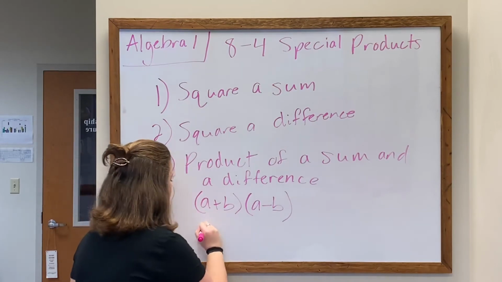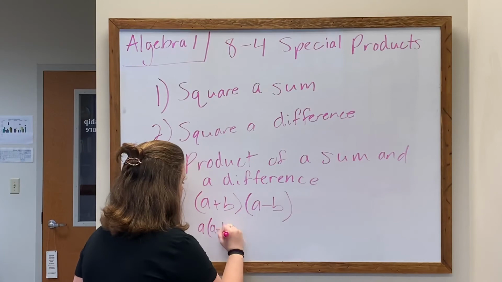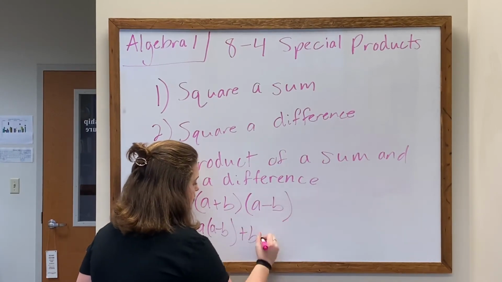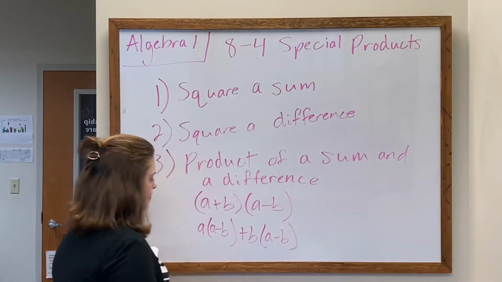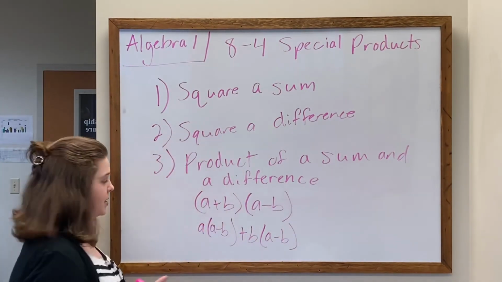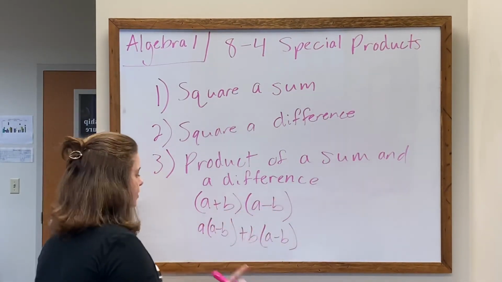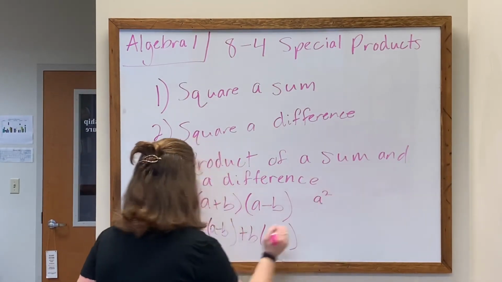So I'm still going to split it up. A times (a minus b) plus b times (a minus b). Now I'm going to distribute both of these. I'm going to write it over here, but don't get confused. A times a is a squared.